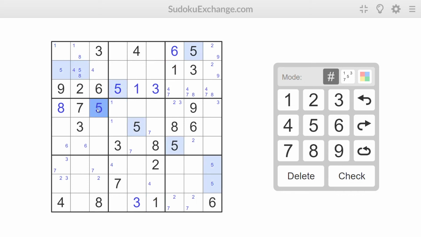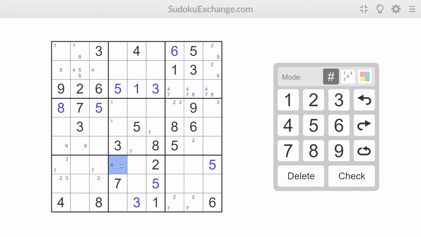Okay, right, 5. A 5 here, a 5 here, which leaves us just this spot where we can have a 5. Can eliminate this 5 from here, put a 5 here.